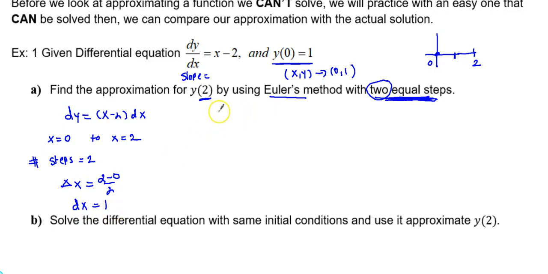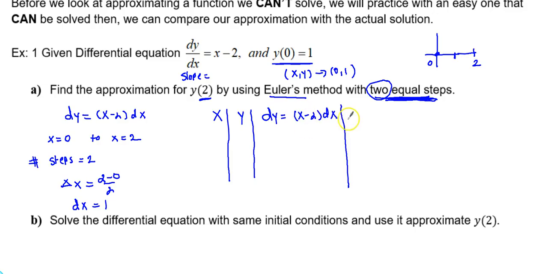So now let's make the table. Columns: x, y, dy equals (x minus 2) times dx, and the new y value. You are given 0 and 1, so your starting value is 0, 1.